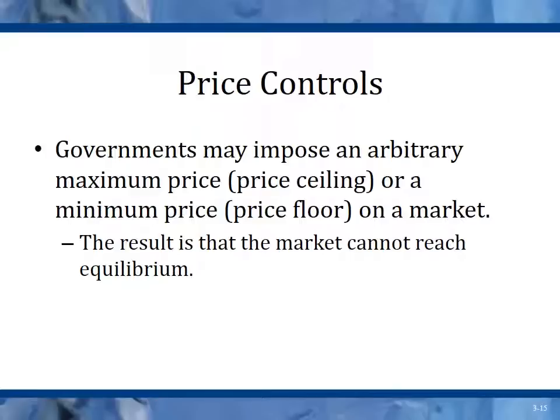Price floors create a surplus. Price ceilings create a shortage; price floors create a surplus. A good example of this is farming subsidies. Our government sets price floors for certain crops.